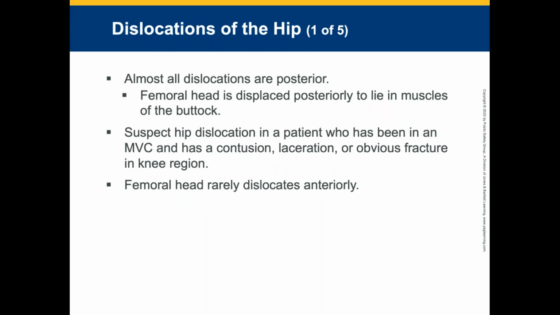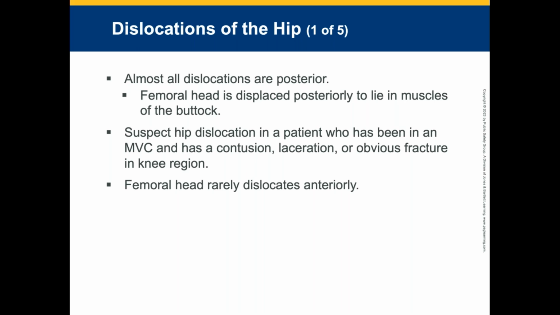Dislocations of the hip obviously occur only after a significant injury. I'll show you one in the next slide here. The femoral head is displaced posteriorly to lie in the muscles of the buttocks. So suspect hip dislocation in patients involved in an MVC who have a contusion, laceration, or obvious fracture in the knee region. The femoral head rarely dislocates anteriorly; usually it's posterior.